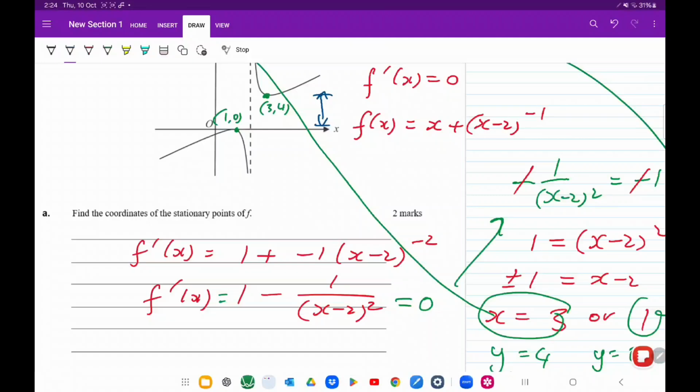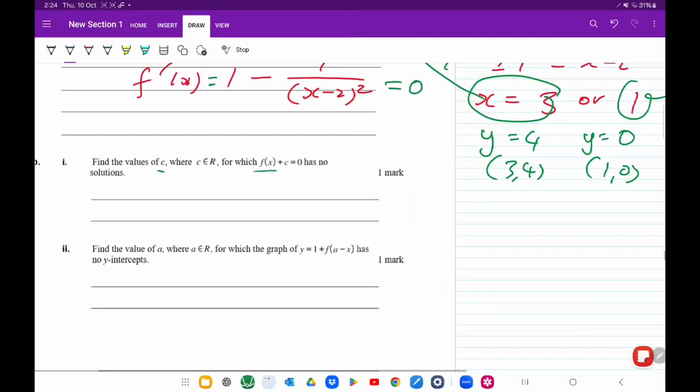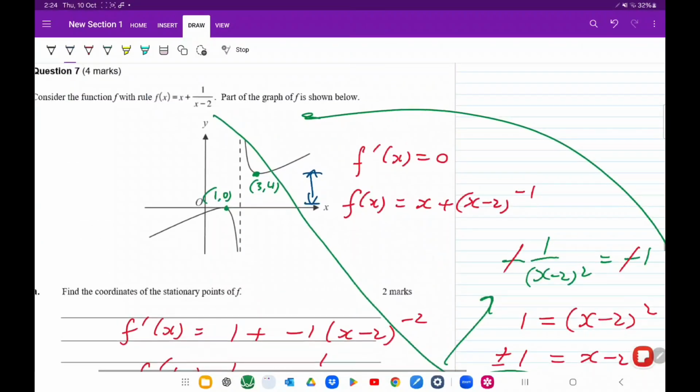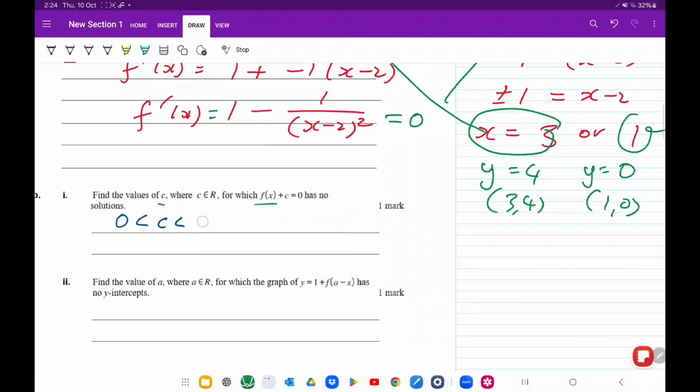So the no solutions would be in between. If there's no translation, it'll be a single point. So you only want to move the graph between 0, the values of C.